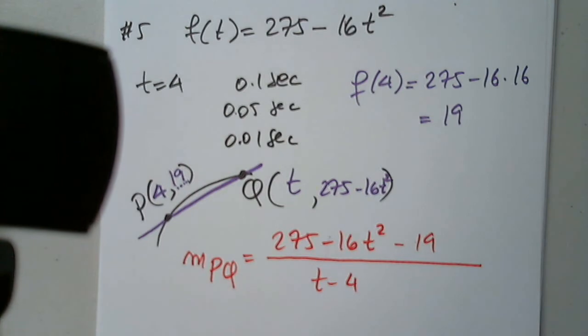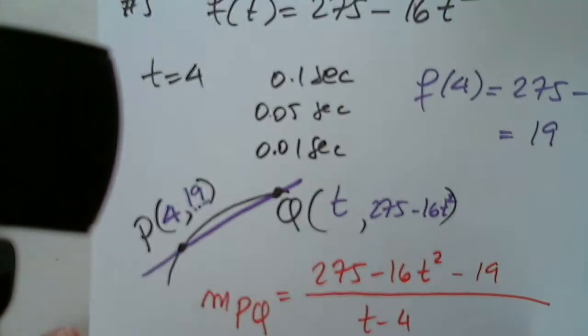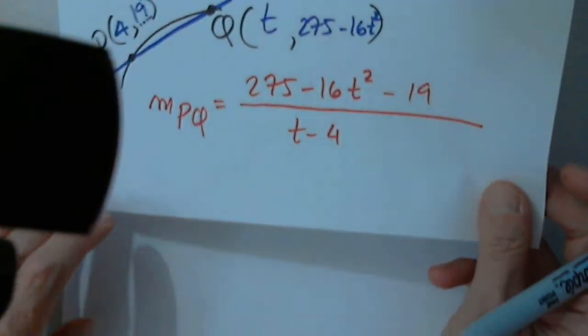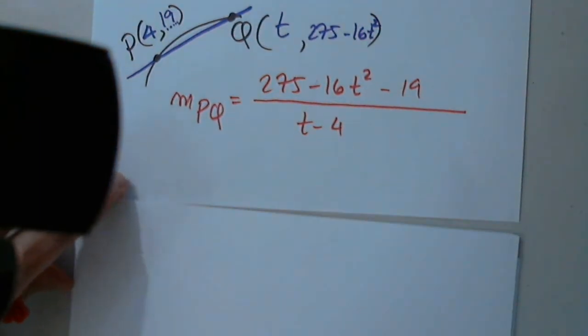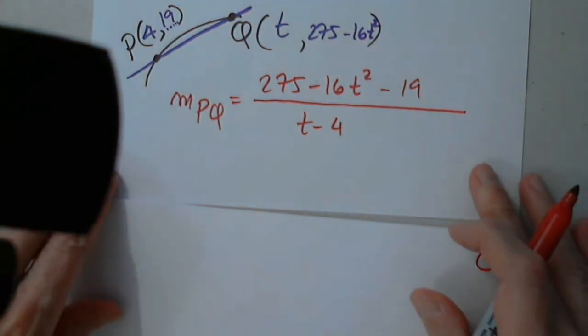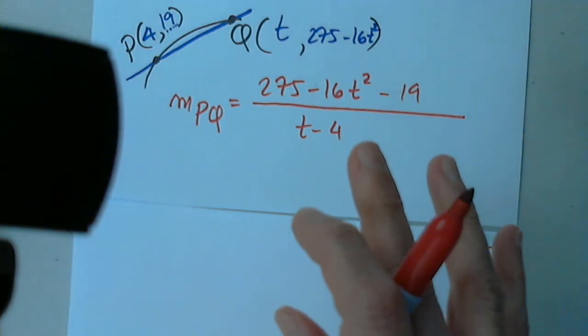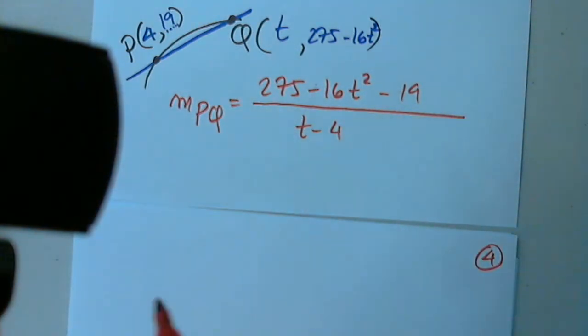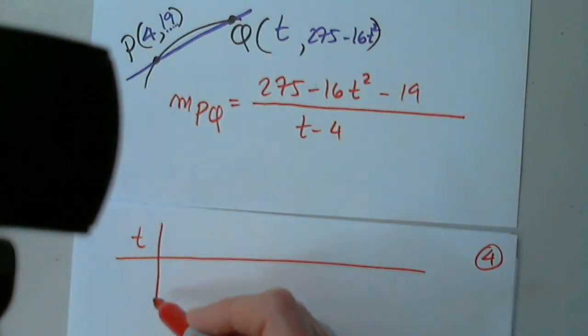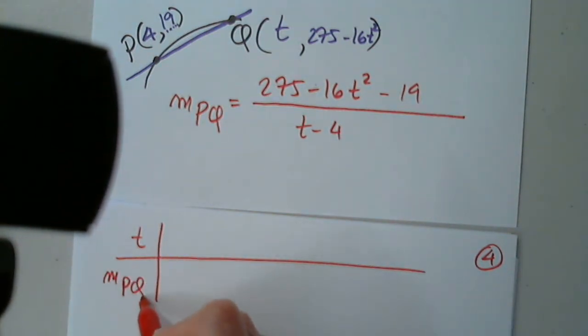Awesome. That's it. Great job. So now all we have to do is worry about those numbers. So we start with t, and we will have the slope, MPQ.